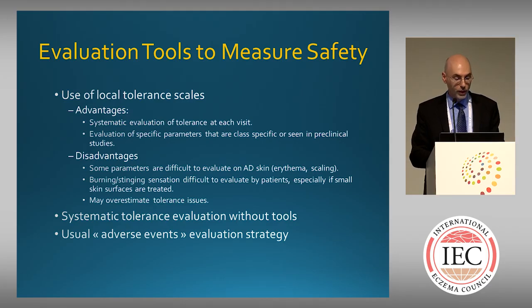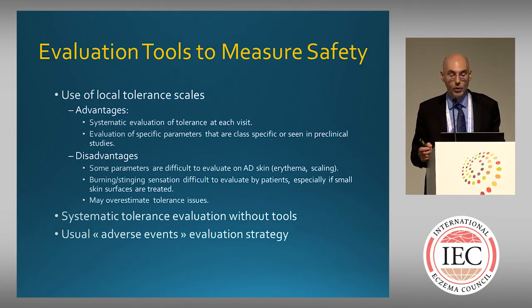So, tools to measure efficacy, and I'll be closing with that. When you measure efficacy in those proof of concept studies, looking at the areas where the product is applied, you have a few options. One option is the classical tolerance scales used in dermatology, where you evaluate erythema, scaling, pruritus, edema. These are not ideal for atopic dermatitis because the typical lesion of atopic dermatitis is pruritic with scales and erythema.